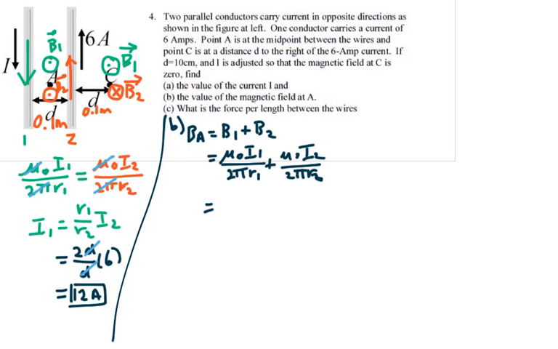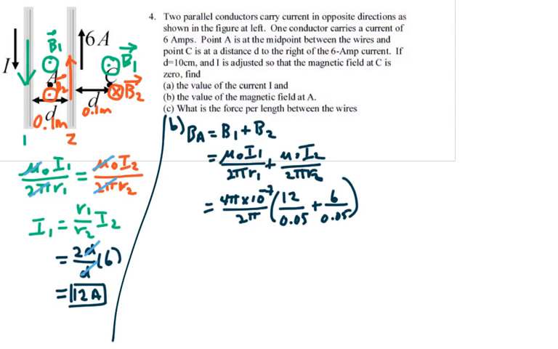So this is going to be mu naught, which is 4 pi times 10 to the minus 7, over 2 pi, times I1, which is 12 amps, over R1, which is 1/2 D, which is going to be 0.05 meters, plus I2, which is 6 amps, and it is also half of a D away, 0.05 meters away.